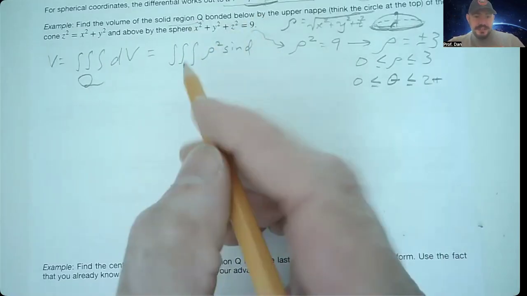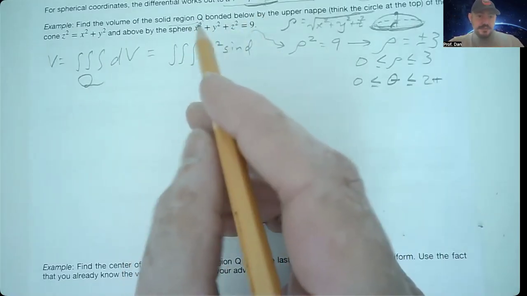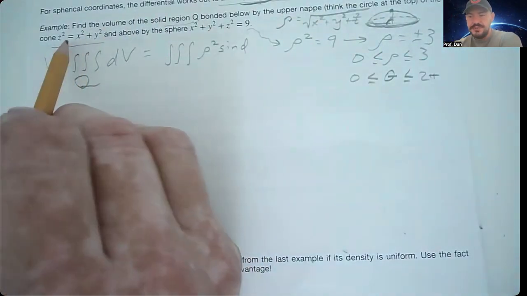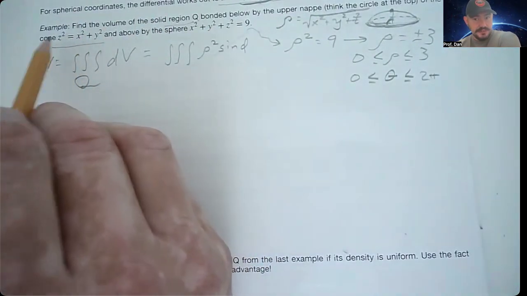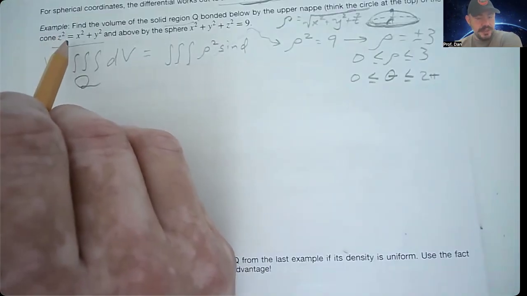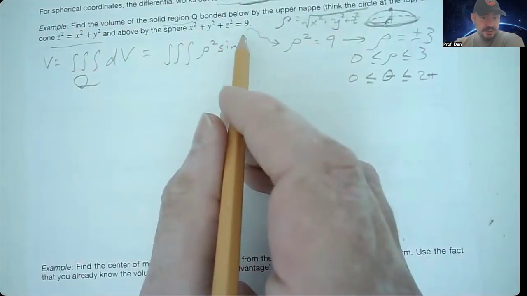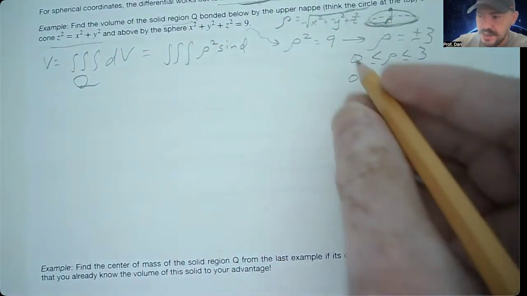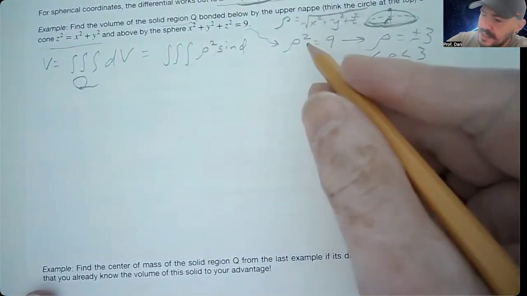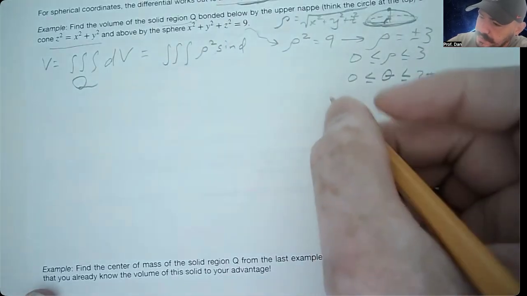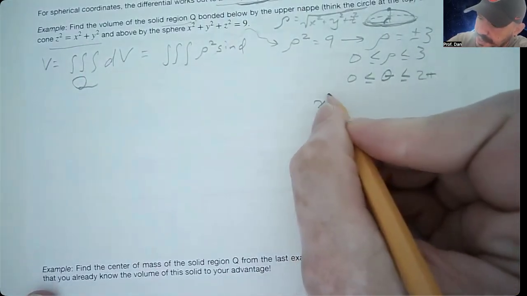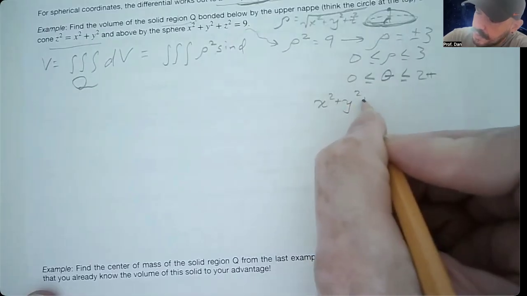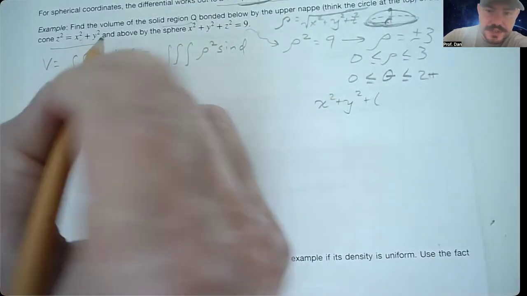So there are a couple of ways I can do this. In my opinion, the easiest way is to note that the equation for the cone literally gives me something that I can replace z squared with. And the equation of the sphere has a z squared in it. So the easy approach there is to just replace the z squared with the right side of that equation.